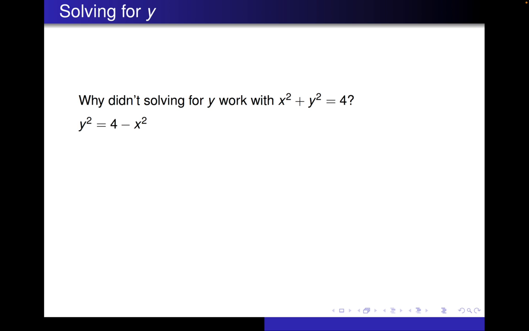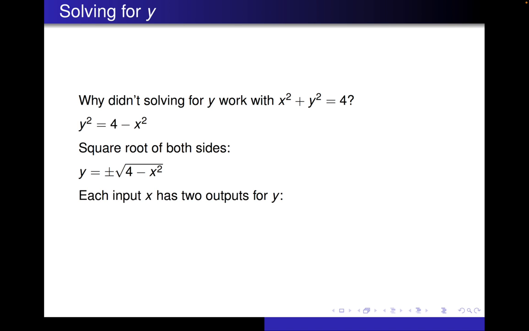But remember, when you take a square root, there are two possibilities for a number that can square to give you y squared. When you take the square root of both sides, you can get y equals square root of 4 minus x squared. But you also can get y equals negative square root of 4 minus x squared. And that tells you that every time you put in an input x, you get two possible outputs for y.